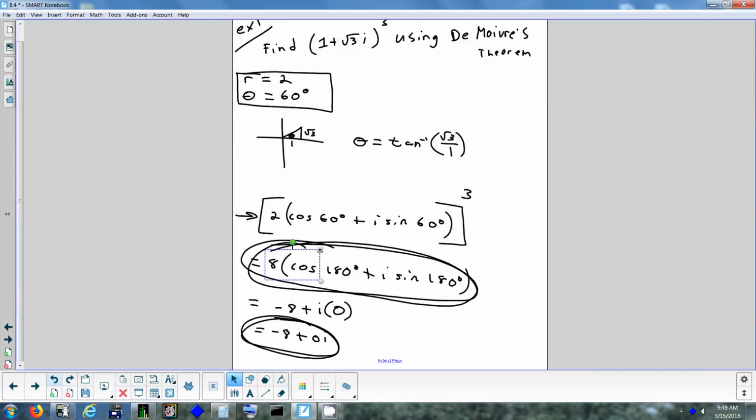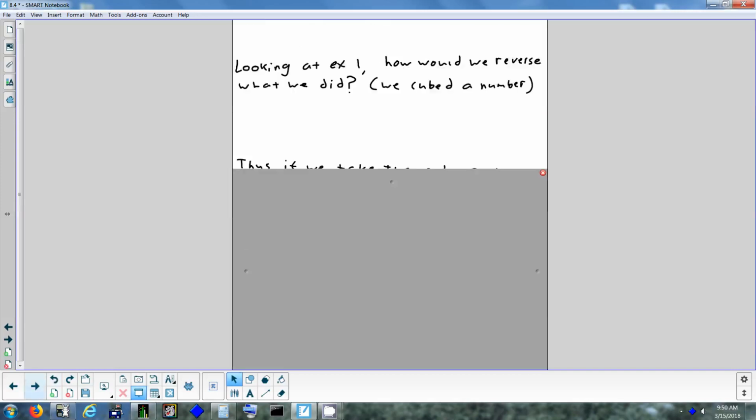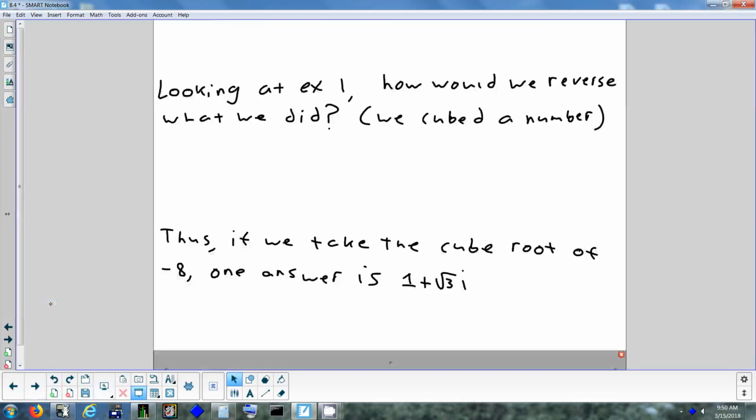But if you took one of these and did the cube root of it, you would get the original problem back. So the cube root of either one of these things that I have circled is 1 plus root 3i. And that's what I just said to you.